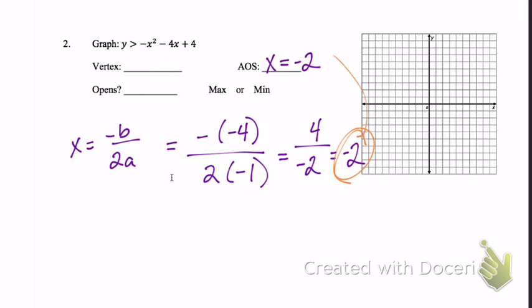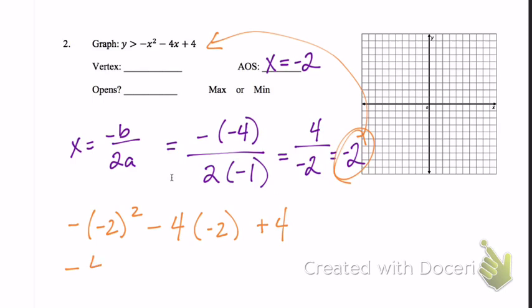How do I find my vertex from my axis of symmetry? I'm going to plug this into the original. So -(-2) squared minus 4 times -2 plus 4. And I'm going to solve. So I leave this negative out in front. When I square the -2, it becomes a +4.